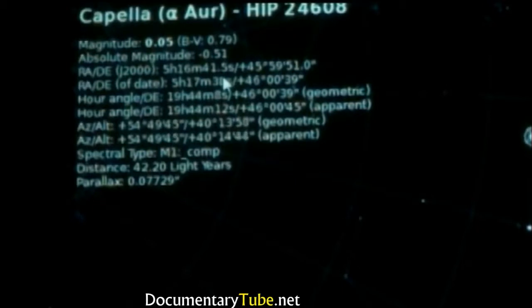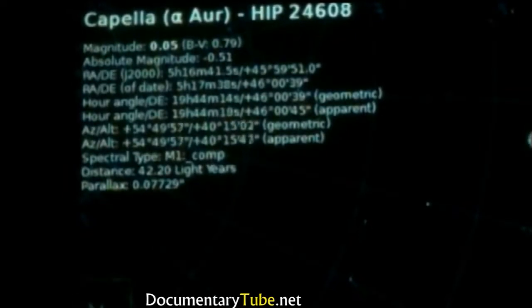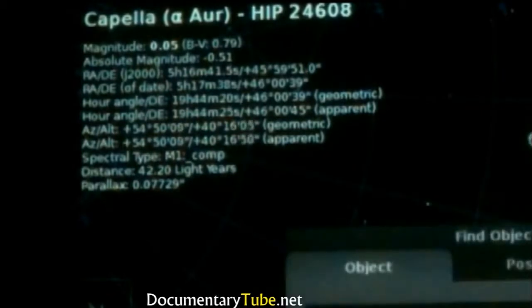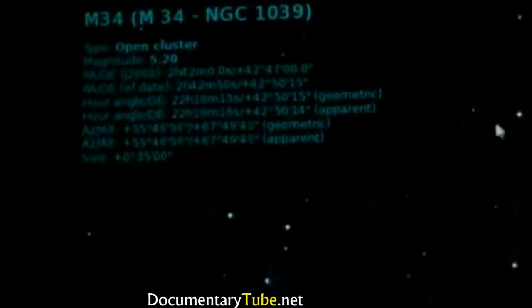Once you get that, then you could say, okay, I would like to find the coordinates of, let's see, what might be up right now, M34, let's say. If I were to look at a paper star chart and ask what are the right ascension and declination coordinates of M34, it would tell me they were 2 hours and 42 minutes right ascension, 42 degrees, 47 minutes declination.